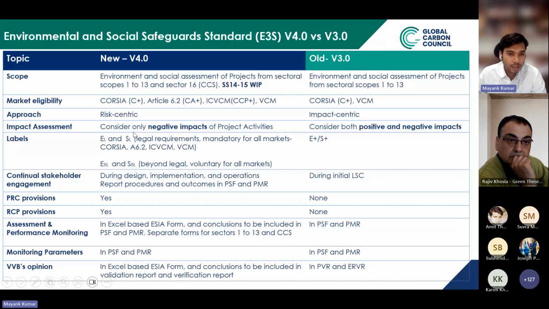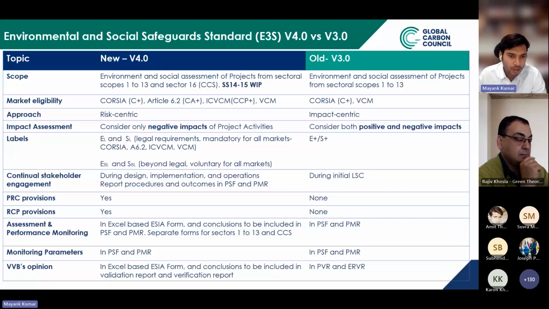So, in version 4, you only need to consider the negative impacts. There is no need to consider the positive impacts. In the earlier version of the standard, the labels that we were awarding were E+ and S+, but now we have moved to two different labels. So EL and SL labels imply compliance with the legal requirements on the environment part.